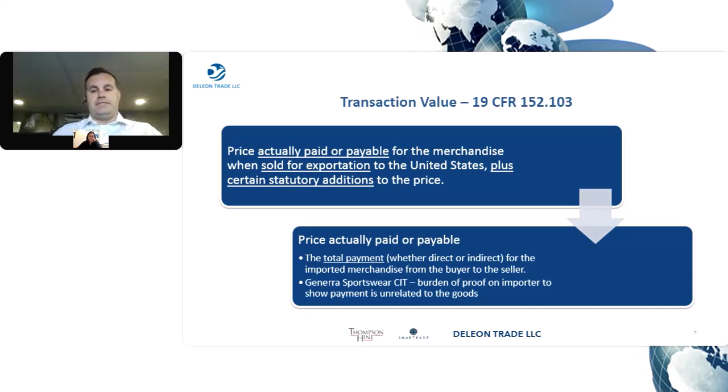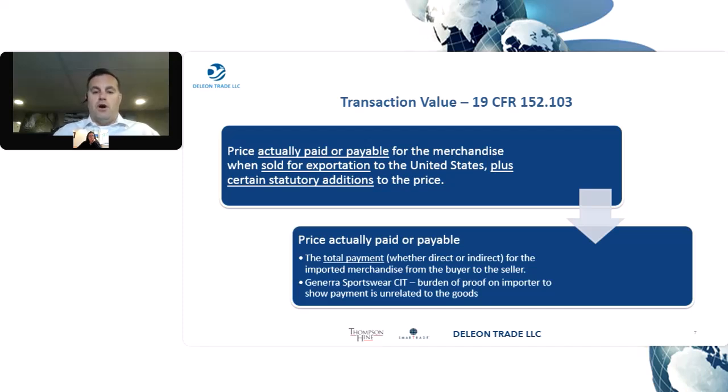In that case, the court said that the customs service doesn't have to do extensive fact-finding to determine what payments are related to the goods or unrelated to the goods. The burden of proof is actually on the importer to prove that any payment made from the buyer to the seller is unrelated to the goods.